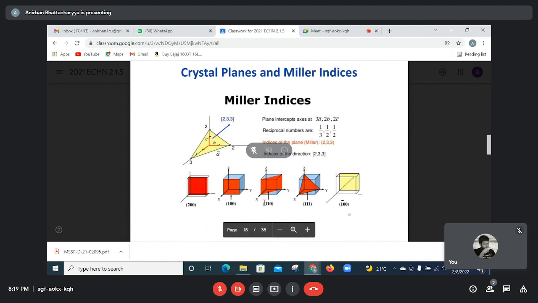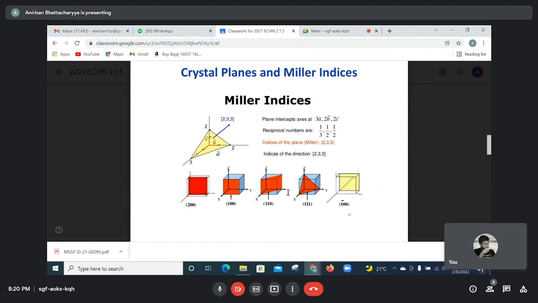Now you take the second cube box. Can you see the red plane here? It's a different kind of plane now. It's like a curtain. So where does it cut the x-axis? At some point, A, let us say. Where does it cut the y-axis? A, let us assume. It's a cubic. Where does it cut the z-axis? Infinity. So you take the reverse: 1 by A, 1 by A, 0.